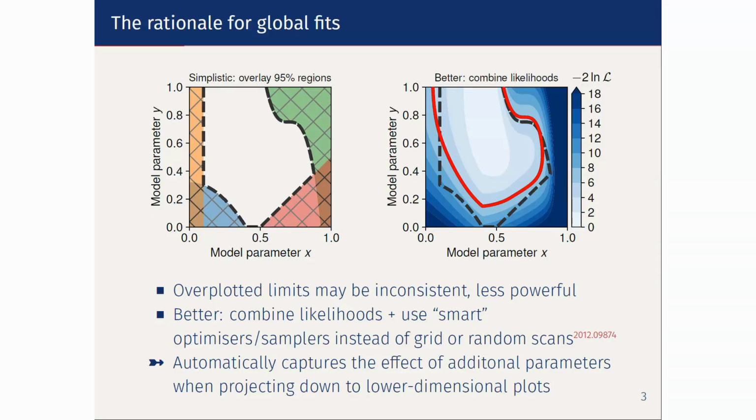And in particular, what you can see on the right-hand side is that if instead you actually combine the underlying likelihoods, so the actual data of the experiments, sometimes you can get slightly stronger constraints, or if you have some correlation between the likelihoods, then you can also get weaker constraints. So it's a more complete, rigorous method to combine these.